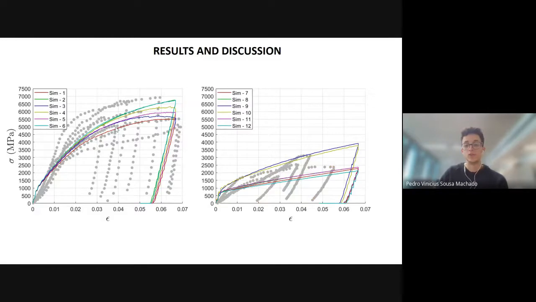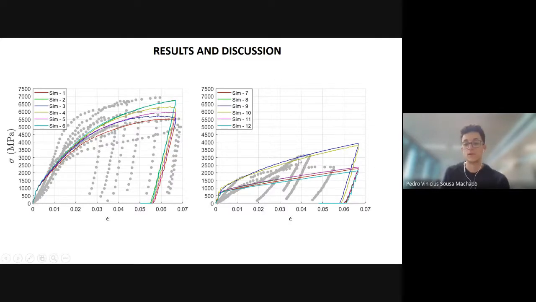And also here in the coarse case, we see more variation between simulations, okay? This happens simply because it is a coarser grade, so carbides are bigger, and there is more phase composition variability when you make a micropillar.